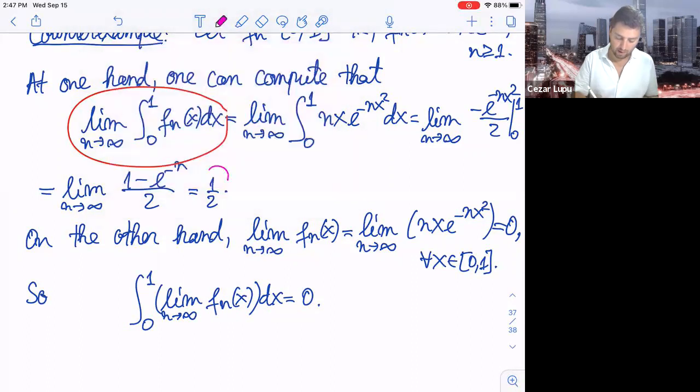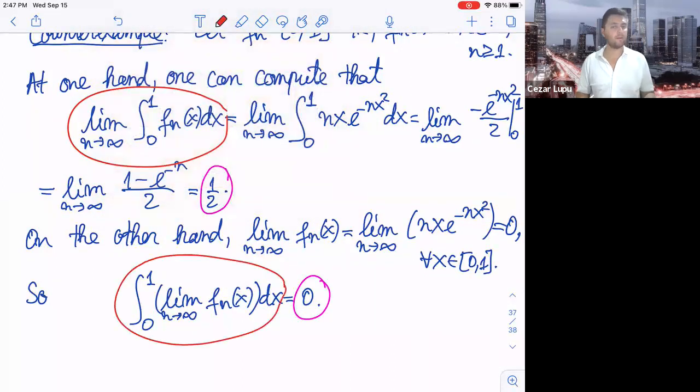You have here 1/2, here we have 0, and this is the integral of the limit. So the limit of the integral is not equal to the integral of the limit. So there you go. This is a sequence that doesn't converge uniformly. I'll leave this to you as an exercise, but it does converge pointwise to the function f of x equals 0 on the entire interval [0, 1].